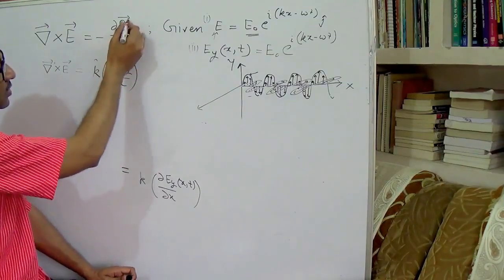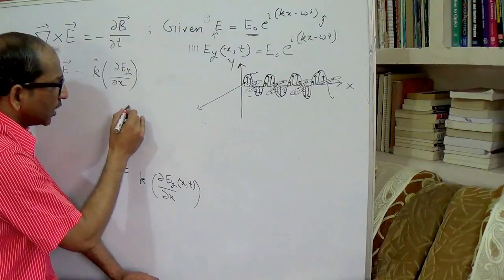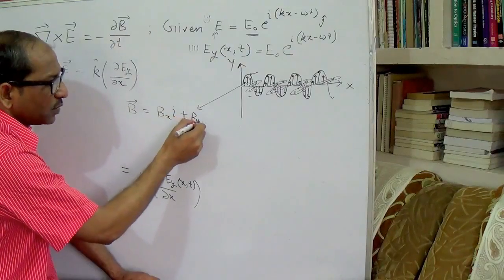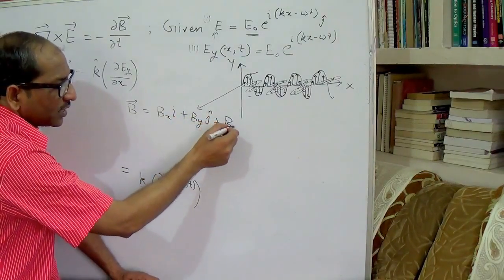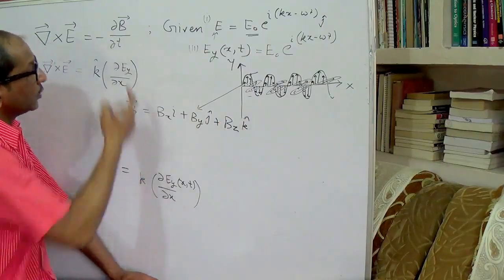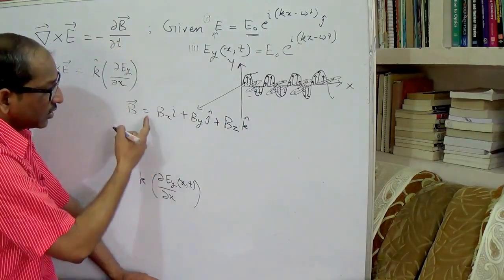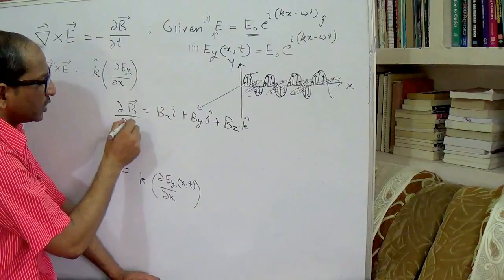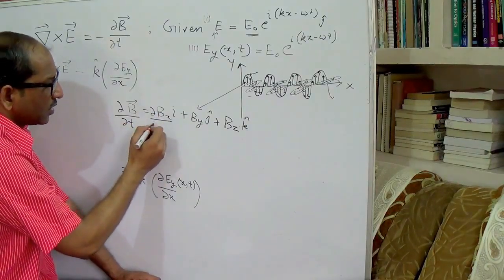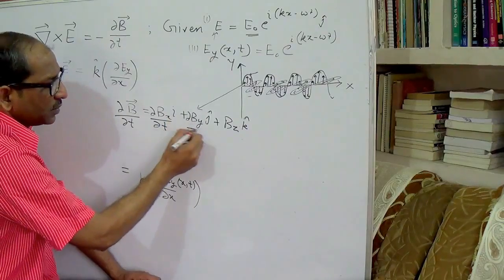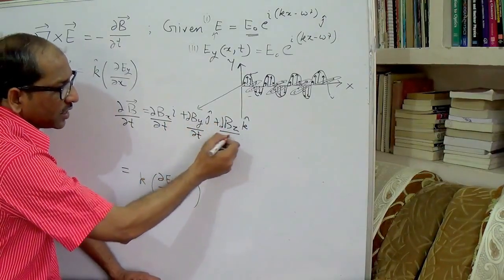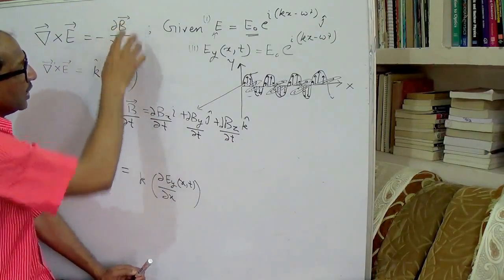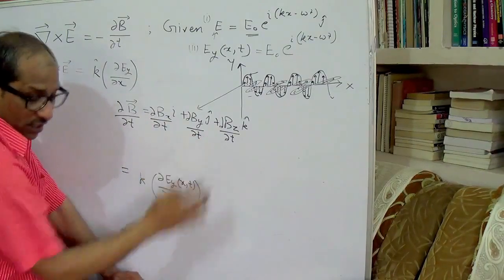The right hand side is dB upon dt, because vector B can be written as Bx i plus By j plus Bz k. So del B upon del t is equal to del Bx upon del t i, del By upon del t j, del Bz upon del t k, right? So dB upon dt can be written in this way also.